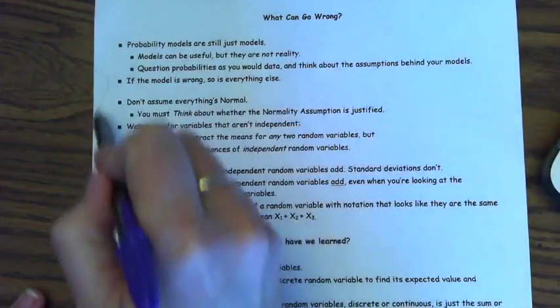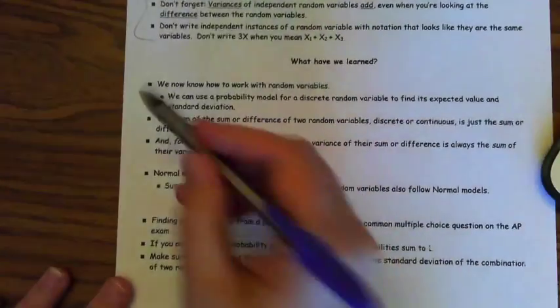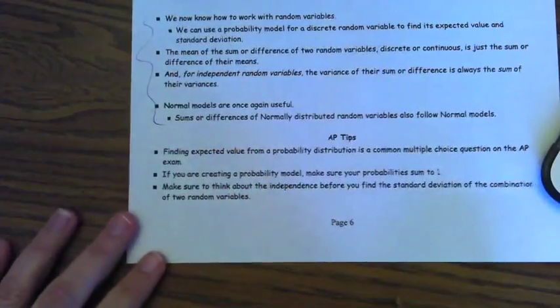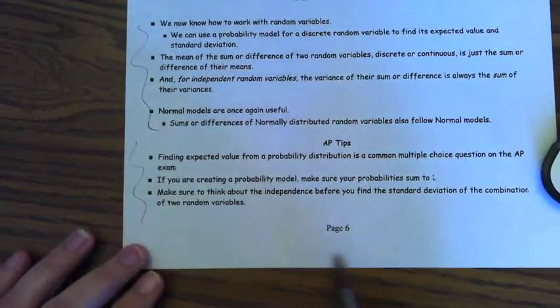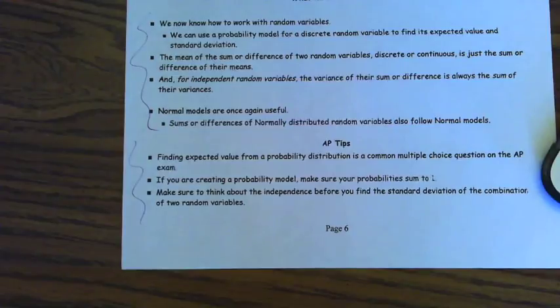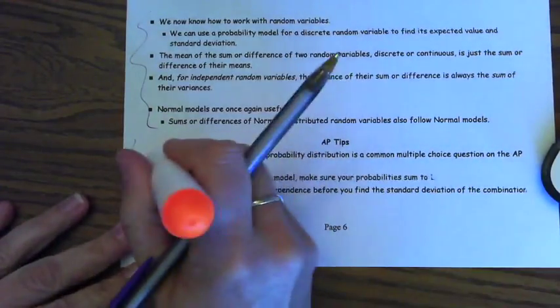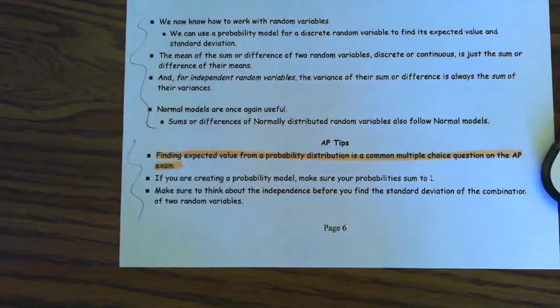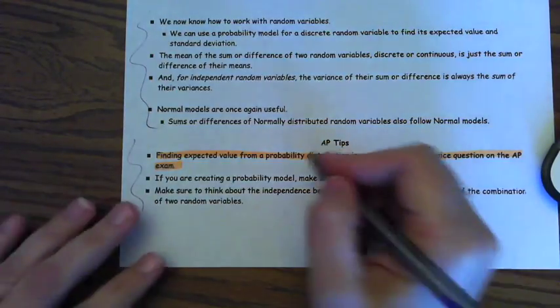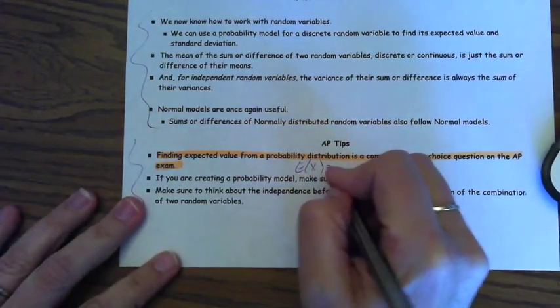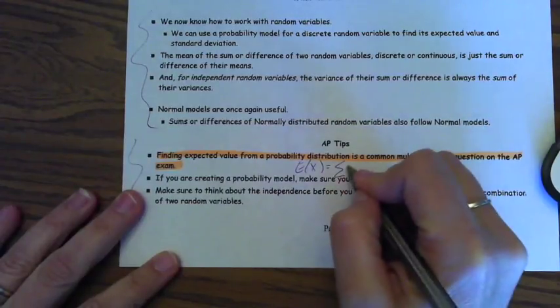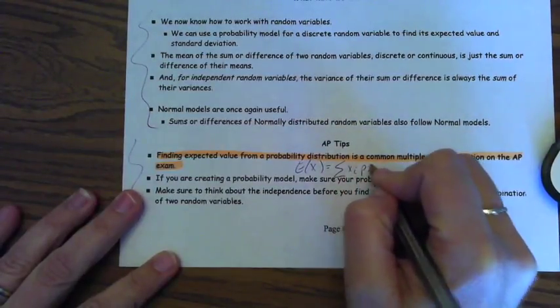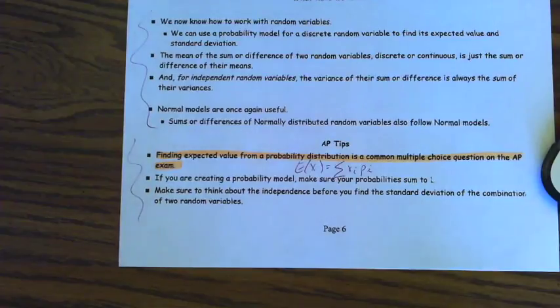Please make sure you can read what can go wrong, recap what have we learned, and those AP tips. And what I just said is finding expected values from a probability distribution is a common multiple choice question where you're using this formula, the sum of x sub i times p sub i. That is a very common question on a multiple choice question.